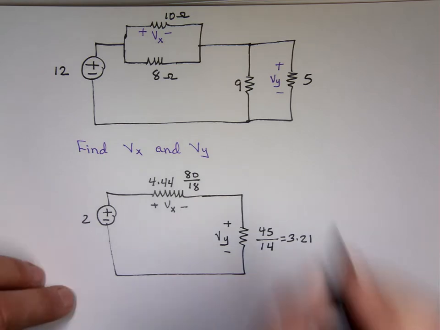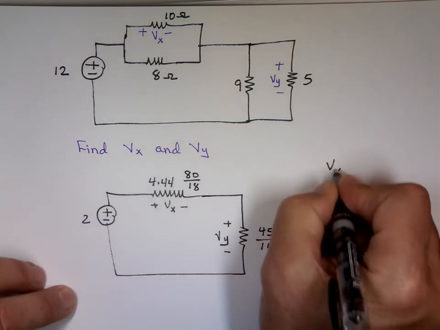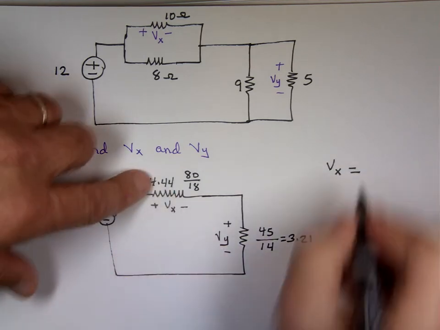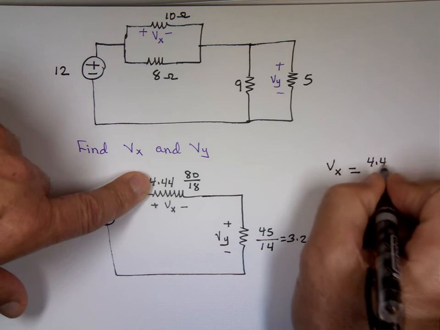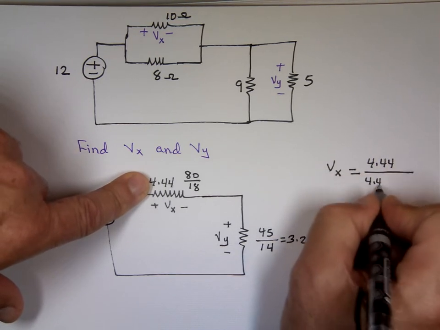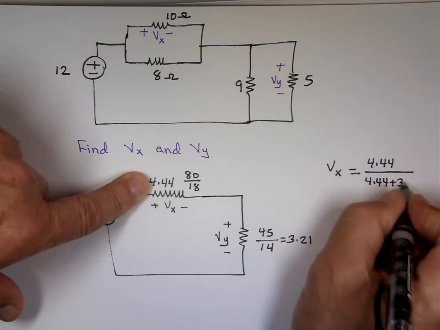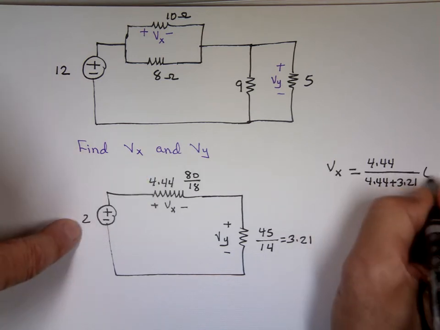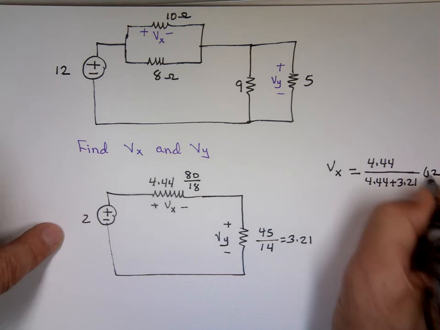So let me find Vx using voltage division. It's this resistor, which is 4.44, divided by the sum of them, times the source, which is what? 12. Oh, 12, yes. I wrote 2.